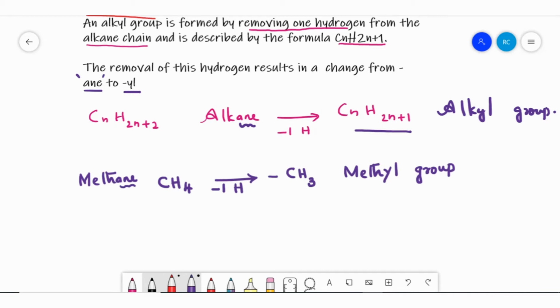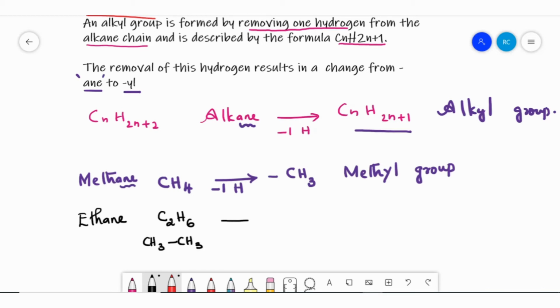Now the second alkane in the series is ethane. Ethane's formula is C2H6 or CH3CH3.